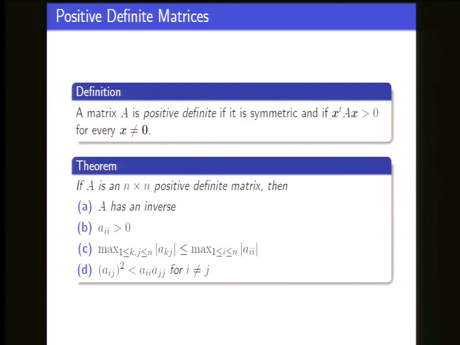Let's see. Another smart choice of x will give that to us. Namely, a_ij squared is less than the product of these, for any pair of not equal i and j. Okay, you got to pick the right x as well.